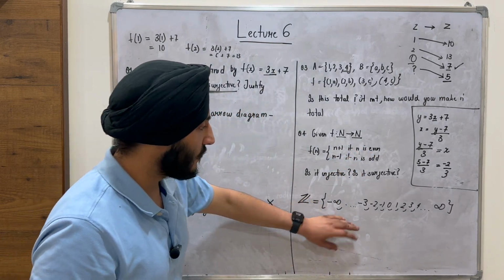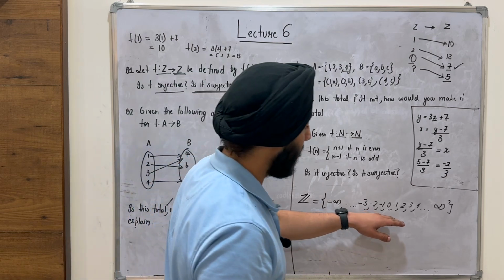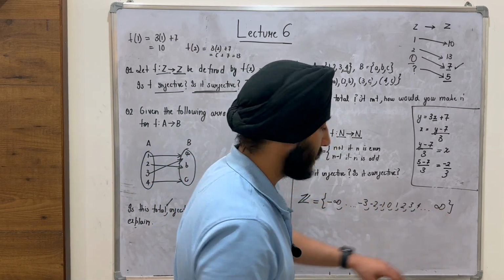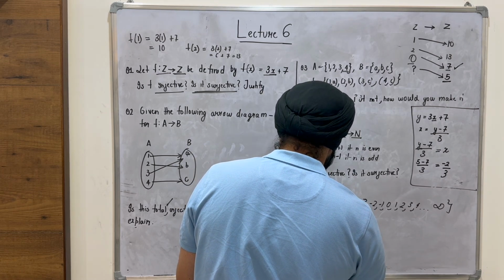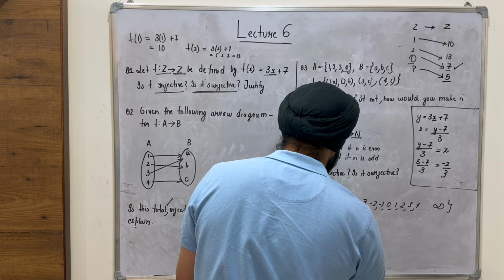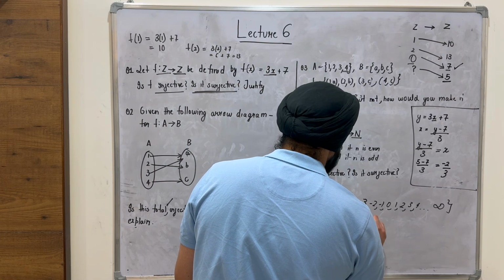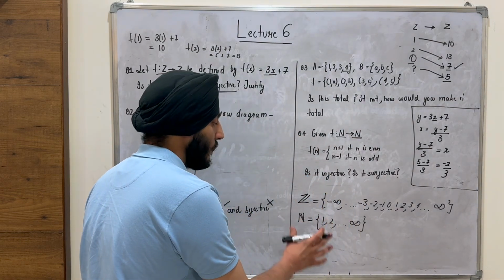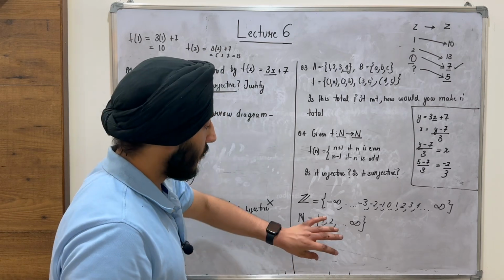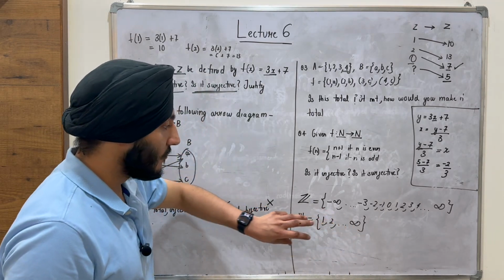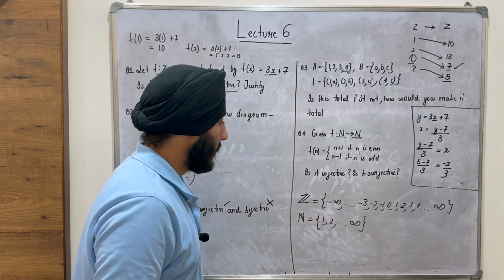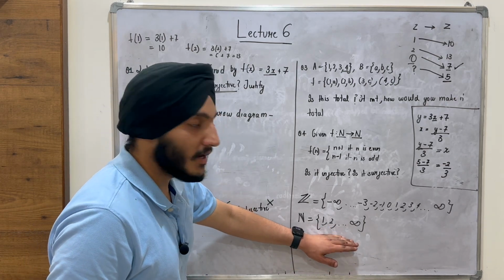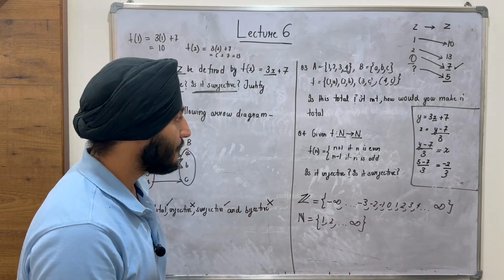Just like Z goes from negative infinity through negative 3, negative 2, and up to all the positive numbers, natural numbers are basically all the elements from 1 to infinity. Now, there are different ways we represent natural numbers. For some, natural numbers start from 0, and in some definitions it starts from 1. But we're going to stick with the definition where it starts with 1.